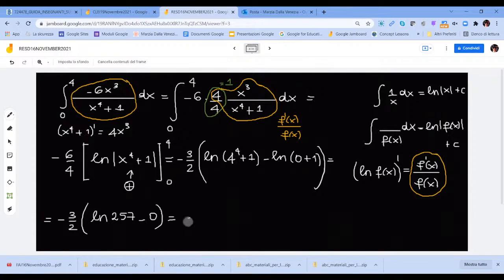So this is the result. And I recall that you don't need to write down the constant c because we have a definite integral. So this is an example of a definite integral. I will write it there.